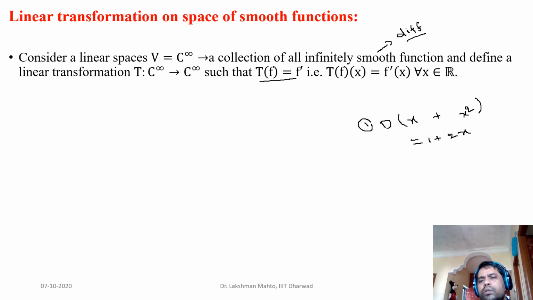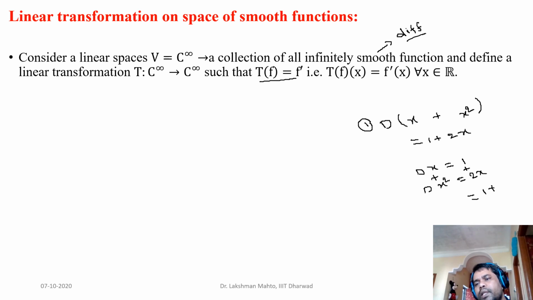Another operation: take x and differentiate, what you will get is 1. Take x square and differentiate, what you will get is 2x. Then sum these two derivatives, that means dx plus dx square, and the sum would be 1 plus 2x.